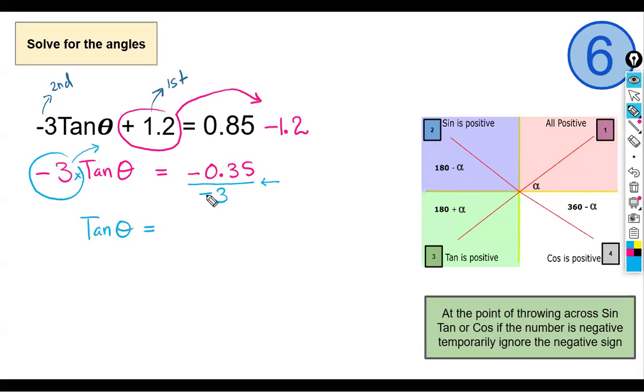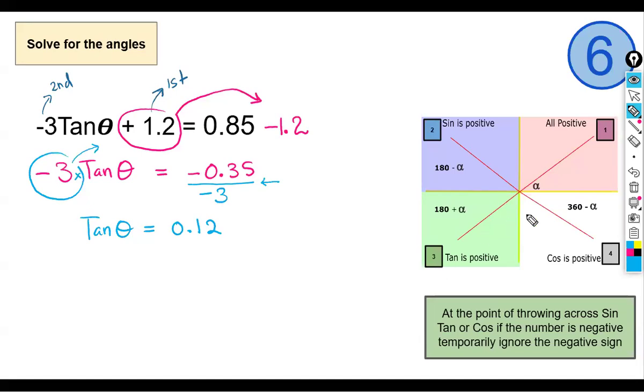Well, when we divide two minuses, we're going to get a positive. 0.35 divided by 3. I'm getting positive 0.12. Does that look correct so far, guys? Because you get 0.166666, so if you round it off, you get 0.12.